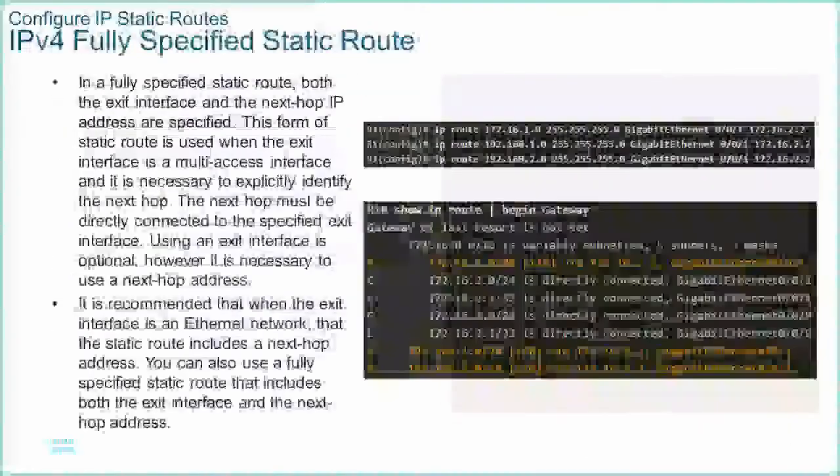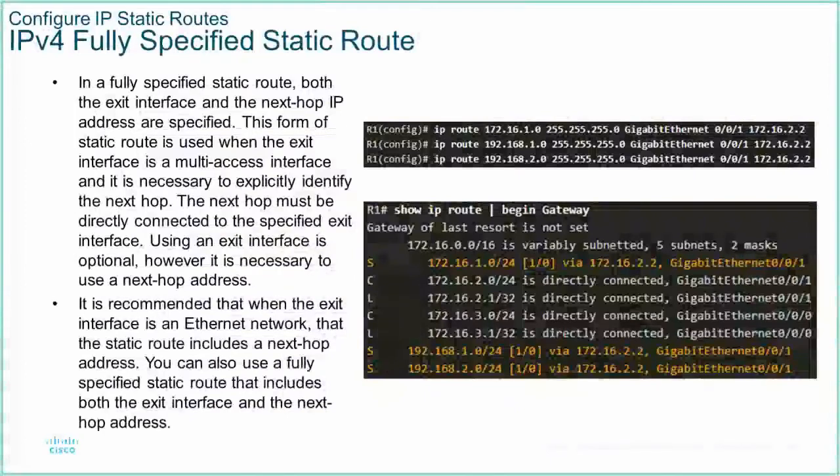Now to get into the fully qualified, so this one we put in the network, subnet mask, the exit interface, as well as the next hop IP address. This means the route is fully qualified.